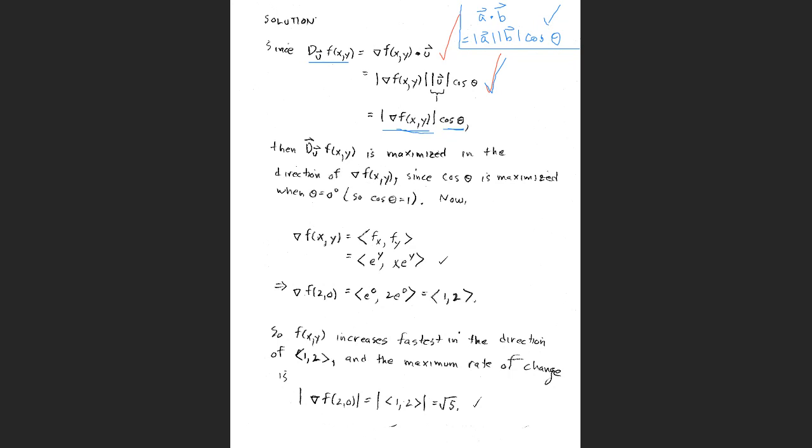But we note here that the directional derivative will be maximized in the direction of the gradient vector, because what's the largest value that the cosine of theta can be? 1. Right, and cosine of theta equals 1 when theta is 0 degrees. So when your unit vector is pointing in the direction of the gradient vector, that gives the maximum directional derivative. And so the gradient vector points in the direction of greatest increase.